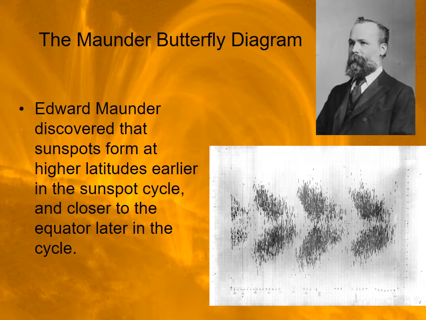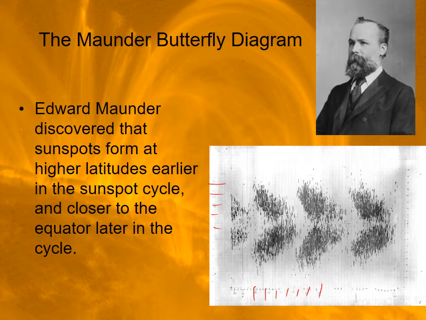The study of sunspots has been around for some time, but it really got going in the early 20th century when the astronomer E. Maunder was studying sunspots. He makes graphs in which he plots the latitude of the sunspots against the days.